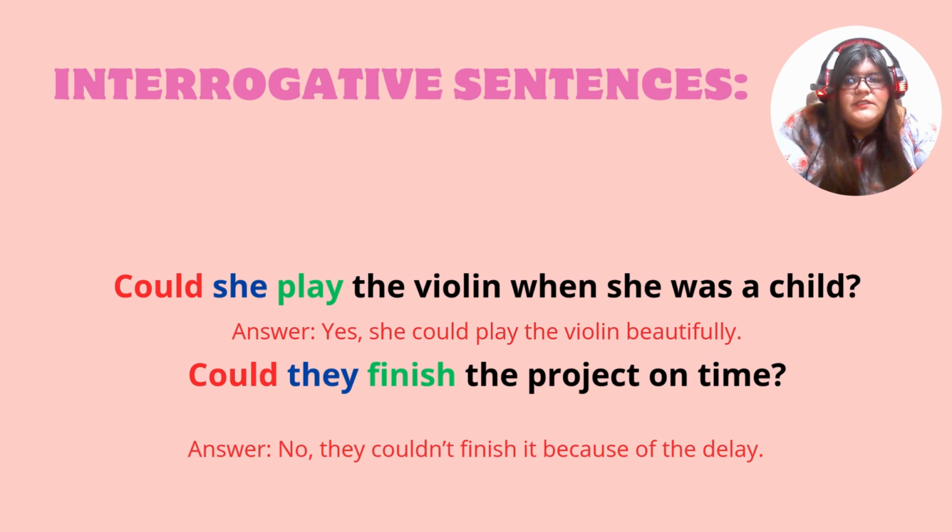So if you see here, guys, you can say yes, she could. No, they couldn't. Yes, I could. No, I couldn't. No, I could not. It's up to you whether you answer yes or no. But now you know. If someone asks you, could you, and things like that, you will know how to answer.